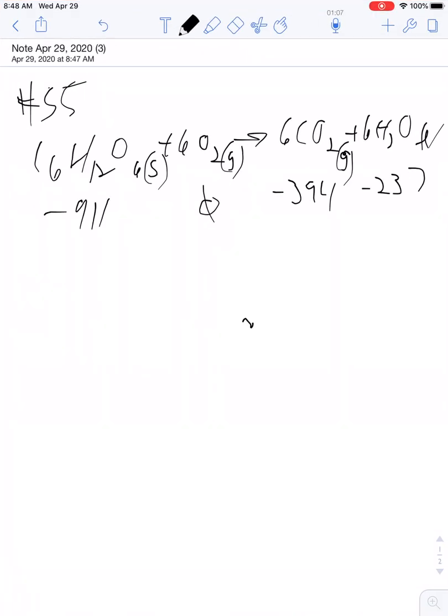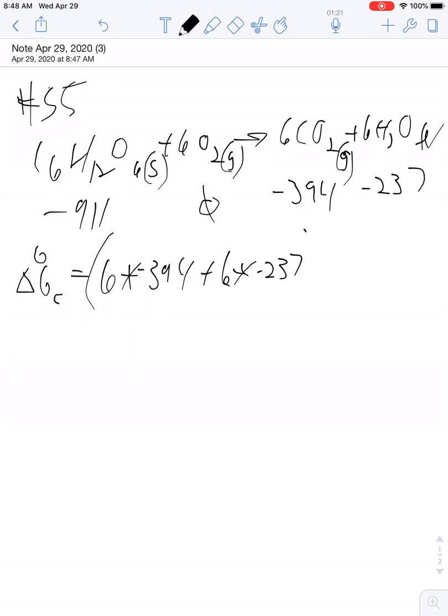Okay, so then we do products minus the reactants times their molar. So 6 times negative 394 plus 6 times negative 237 minus negative 911.